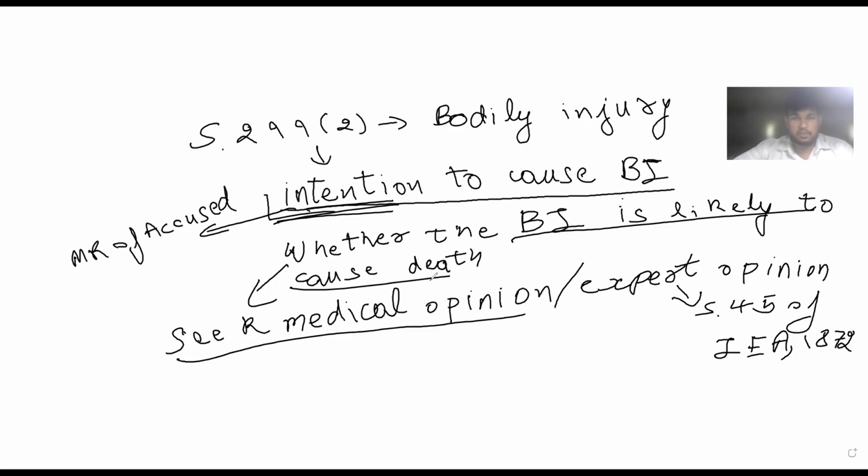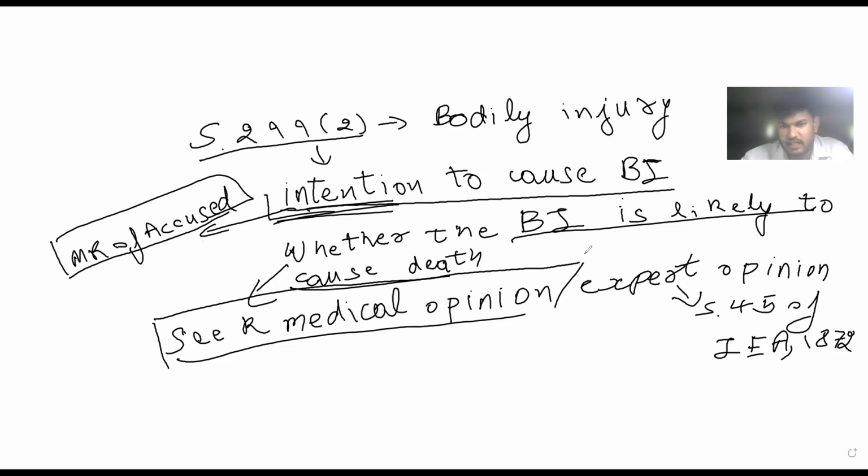Okay, so once we came into section 299 clause 2, and we have proved that it is section 299 clause 2 which is applicable here, that is, we have proved the mens rea of the accused, and we have proved that the medical opinion also suggests that the bodily injury inflicted by the accused is likely to cause death.